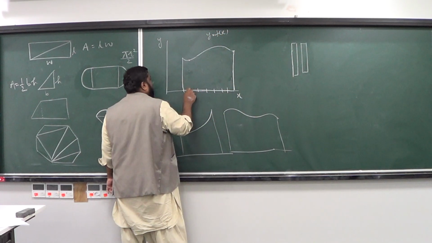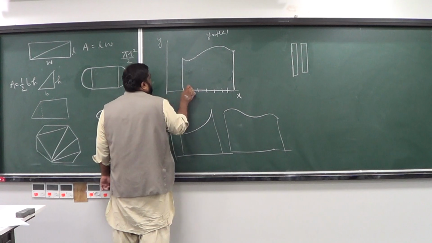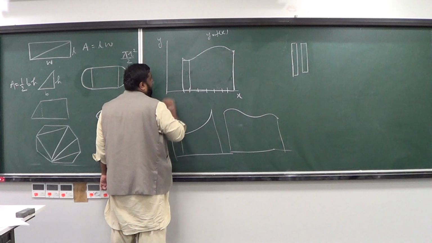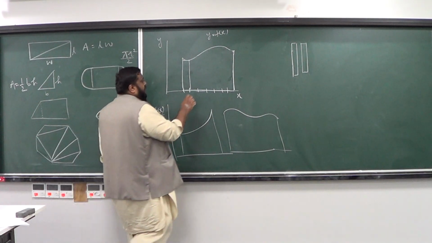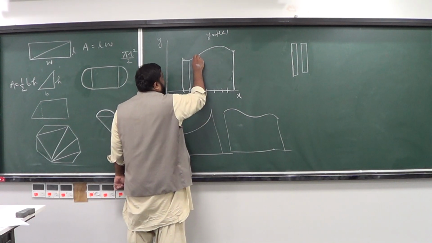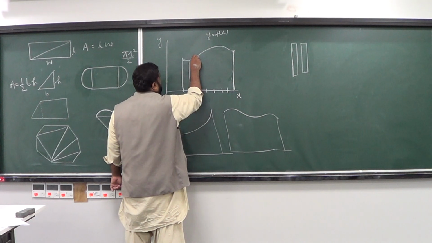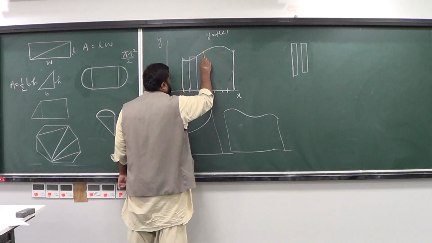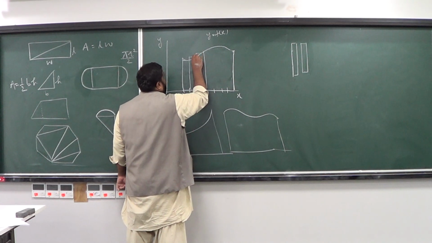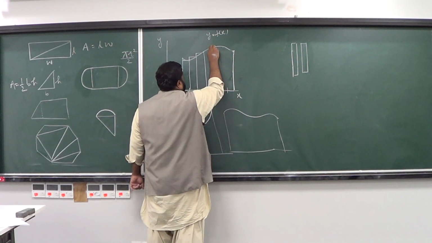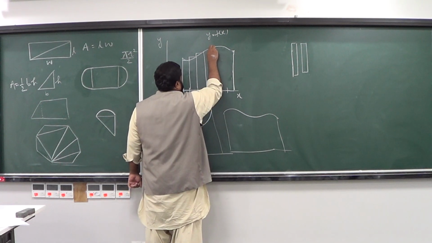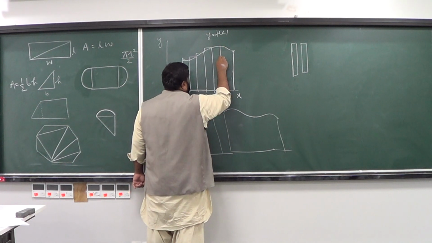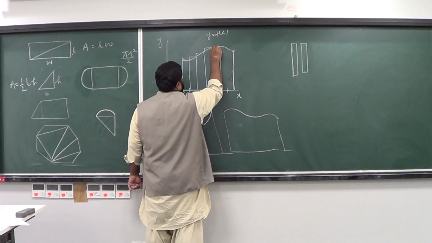So take the right end point and make a rectangle. I took the right end point from here and made a rectangle, and then the right end point from here and made a rectangle, and so on for each piece.